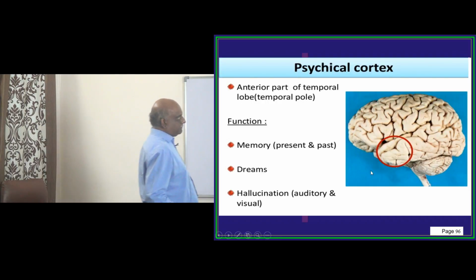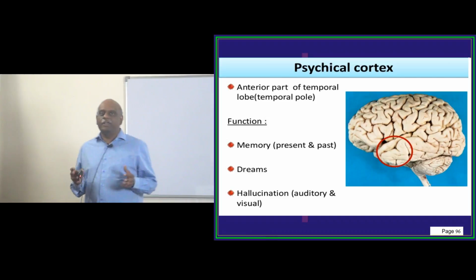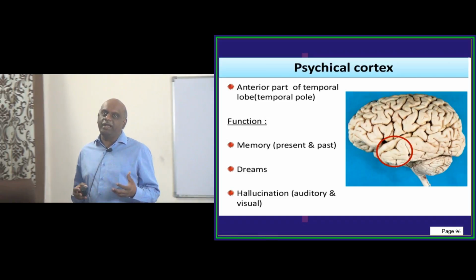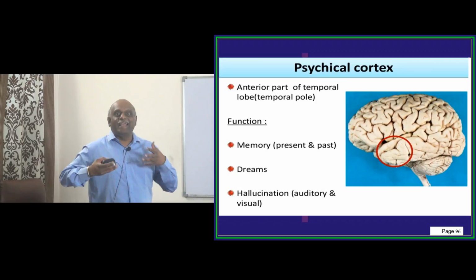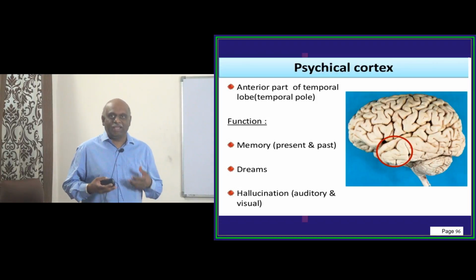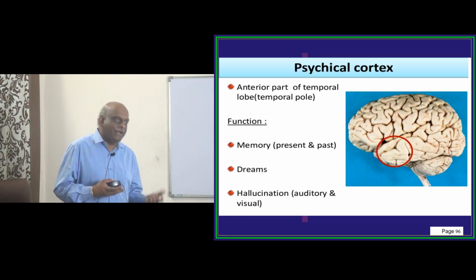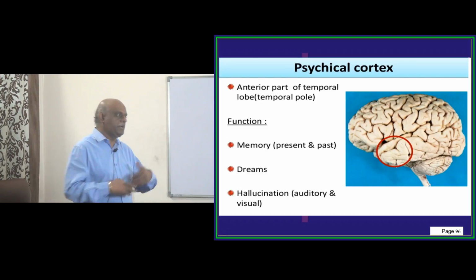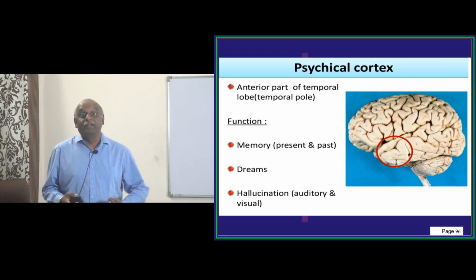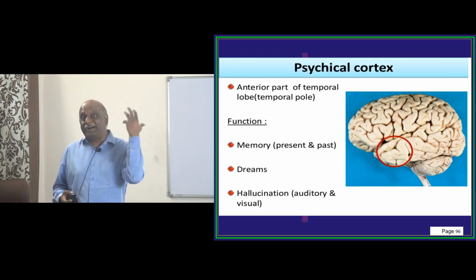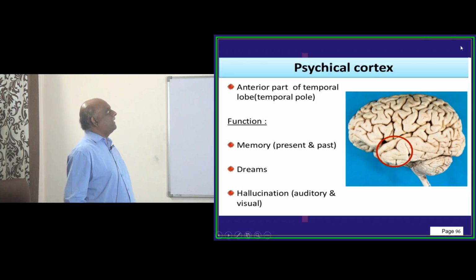Then some part of the cortex is associated with our psyche. What is in the psyche? Emotions, memories, forgetting. You have to forget the ex-boyfriend, ex-girlfriend; you have to dump them or get dumped. Where in the cortex is all this happening? The psychic cortex.